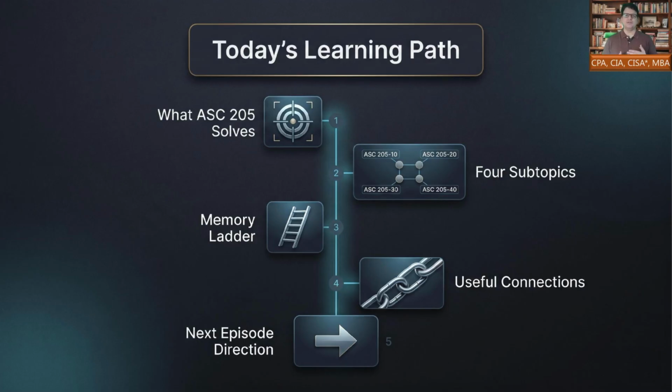After that, we will lock a simple memory ladder. Compare, discontinue, liquidate, and doubt. Then we will look at useful connections with other ASC topics. And finally, we will connect this video to the next episode on comparability. Think of today as getting the classroom board ready before we start solving the actual problems.